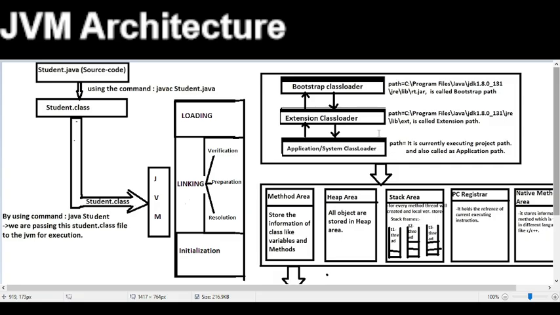Inside the linking phase, three steps will be there. First one is the verification phase. Inside the verification phase, while loading the .class file into the memory area, it will check whether the code which we have written in the .class file is valid or not.